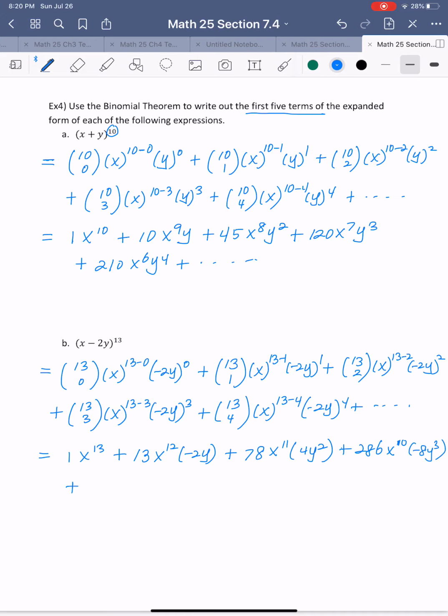And 13 choose 4 is 715, of x to the 9th power and then positive 16y to the 4th, and so on.